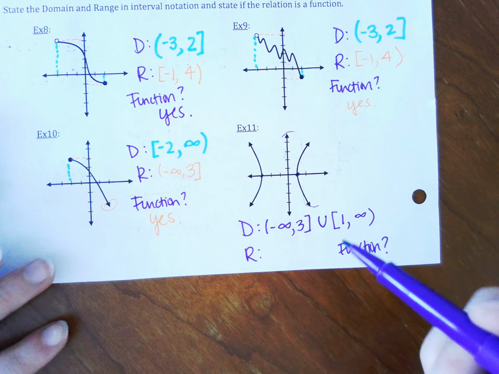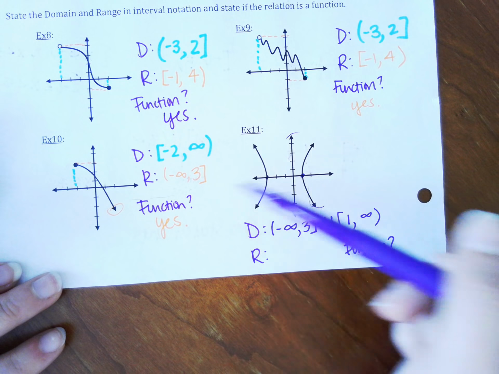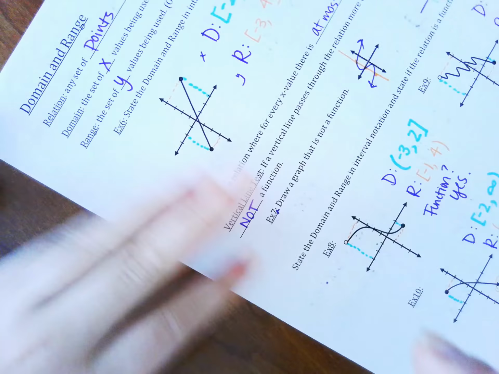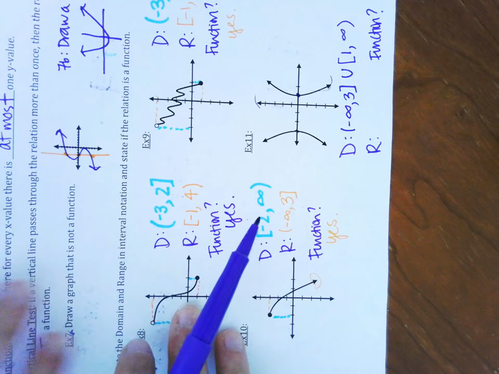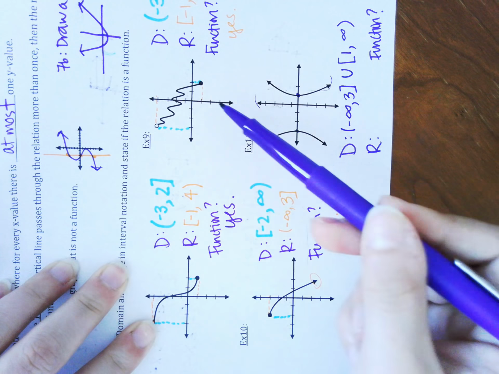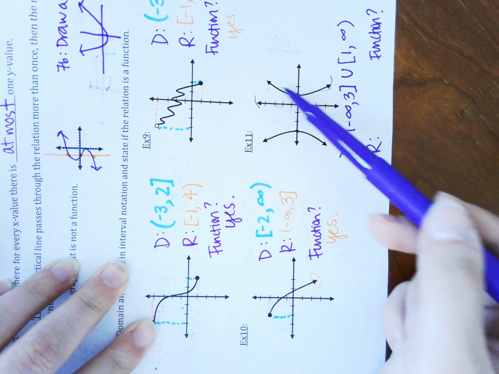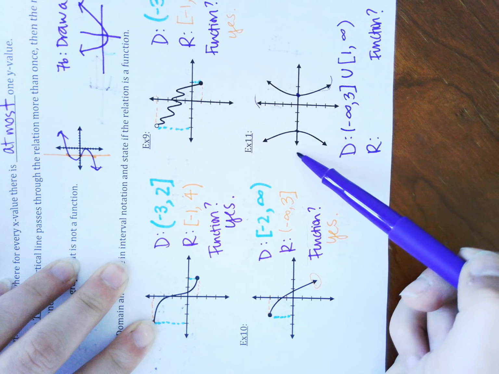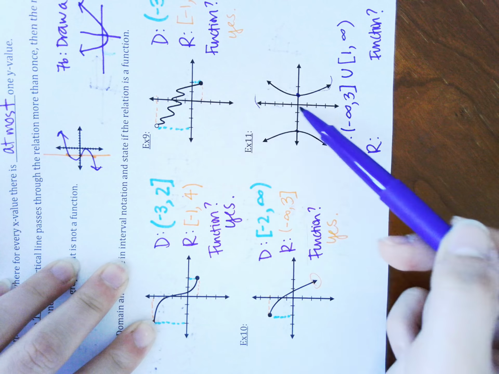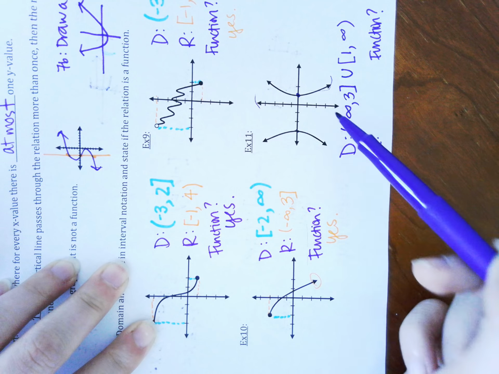For our range, it's kind of weird when we actually look at it. If we imagine this flipped and we look at this as our y-axis, both of these continue on, even though they're disjointed in this way, along the number line, which is actually our y-axis.